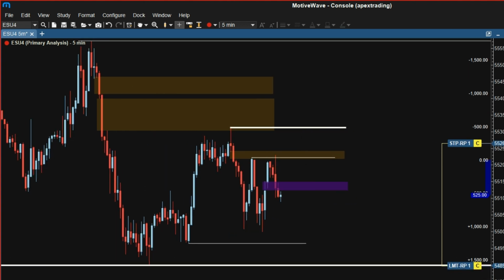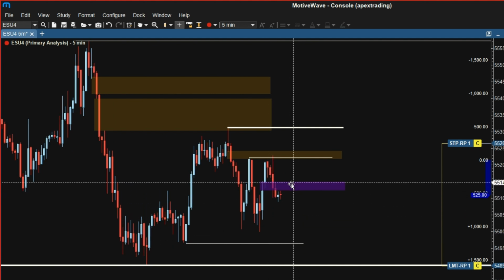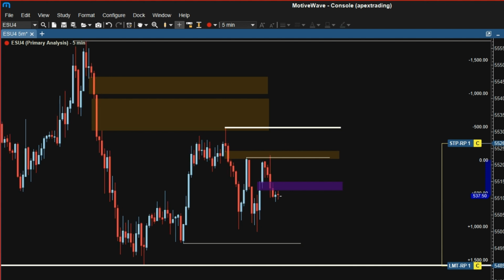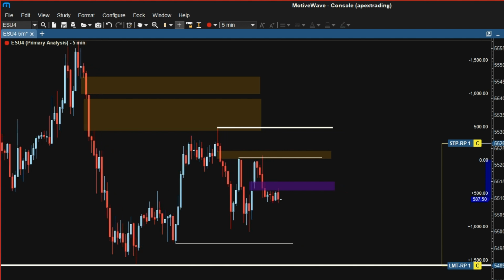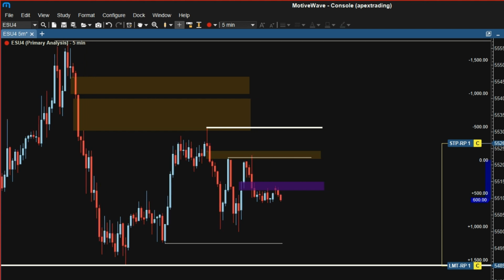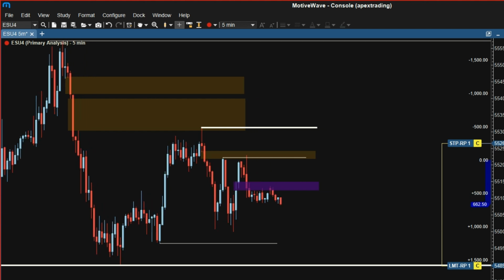See, now we broke below that volume imbalance, and let's observe what price is doing here. Now that volume imbalance is turning to be resistance, right?